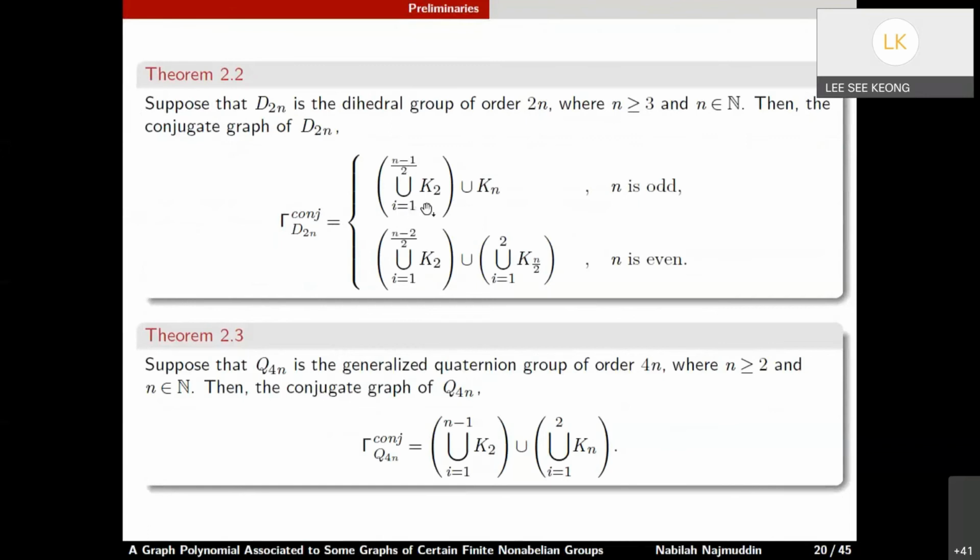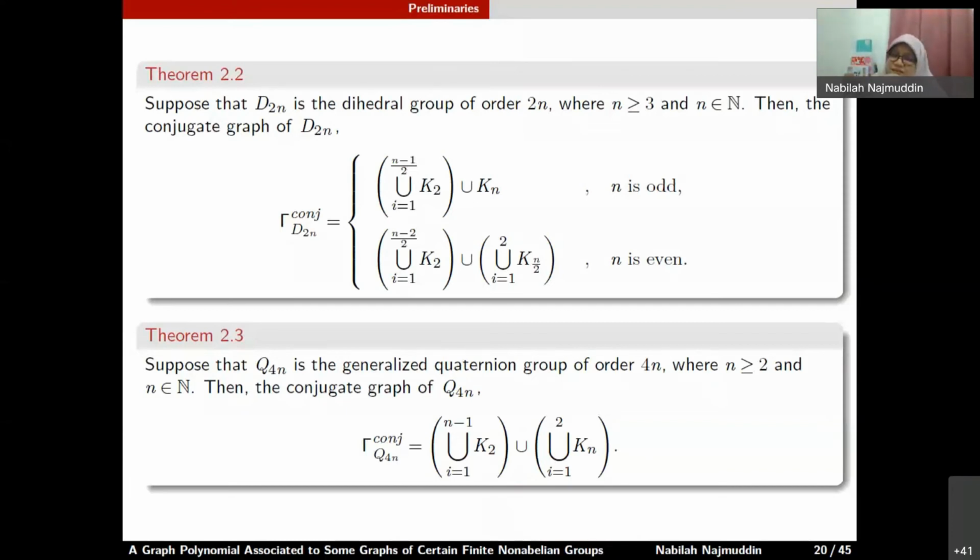You also have K1. So what is the thing that you are trying to union here? In this graph, there are n minus 1 over 2 complete graphs of order 2, the union of n minus 1 over 2 K2.